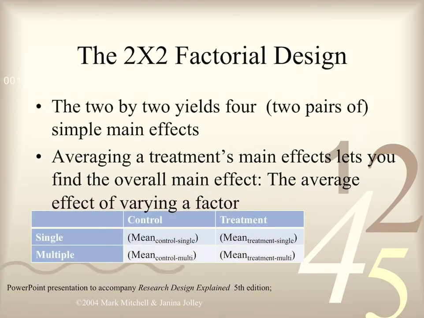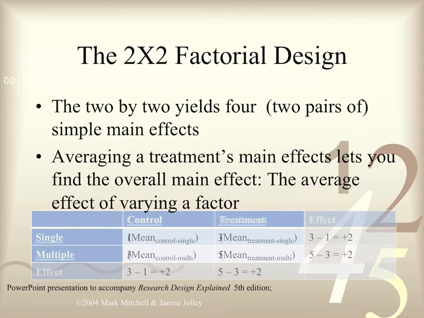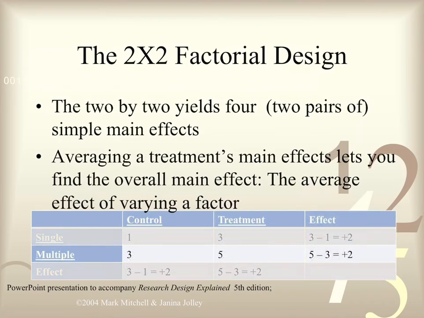In this first one, we can take a look at the simple main effect of treatment within the multiple dose condition. In other words, when everyone is receiving multiple doses, what kind of a difference does it make if they get a real treatment versus a control?